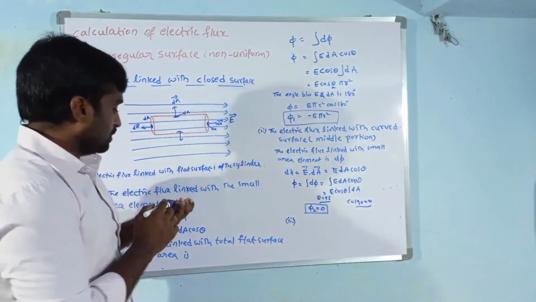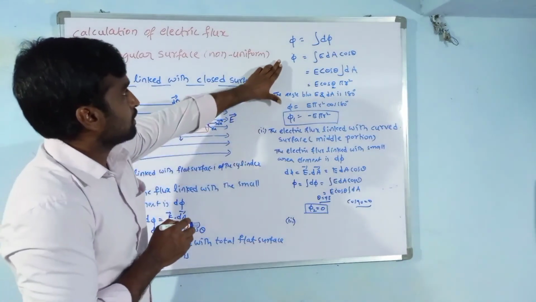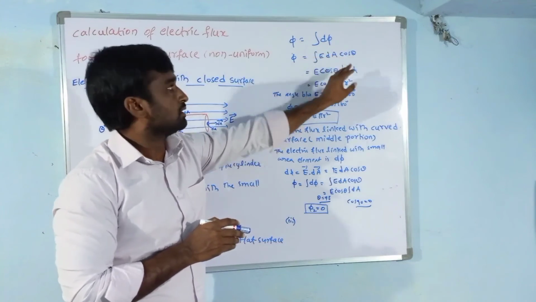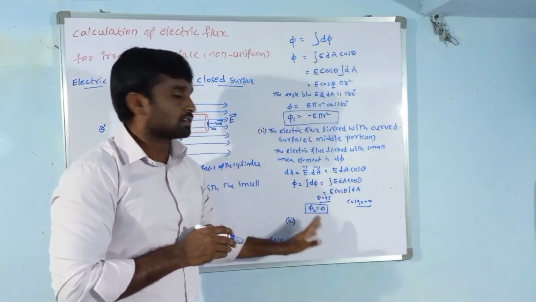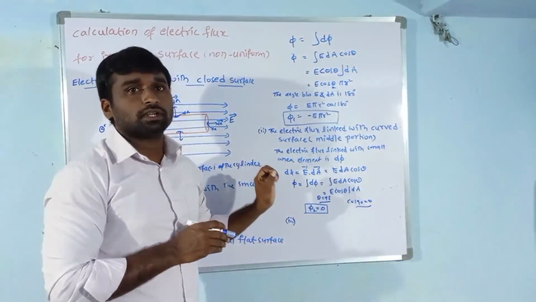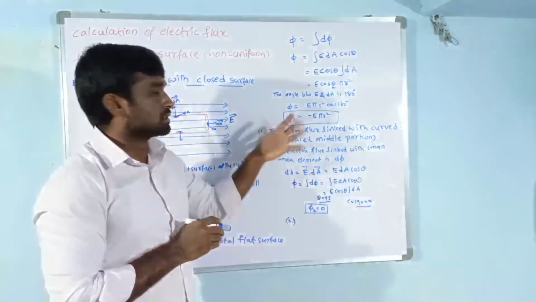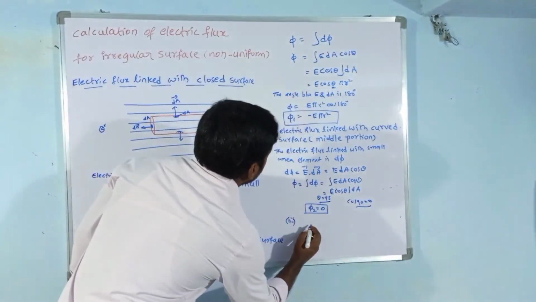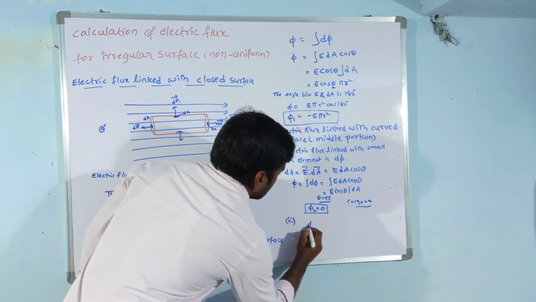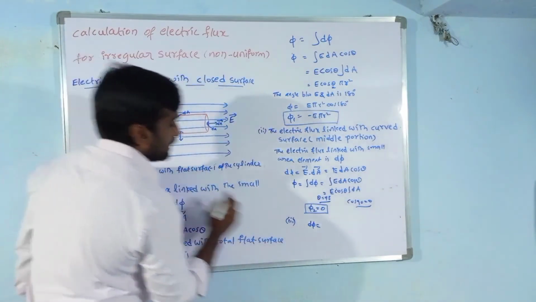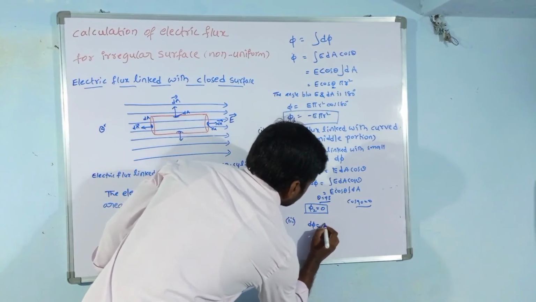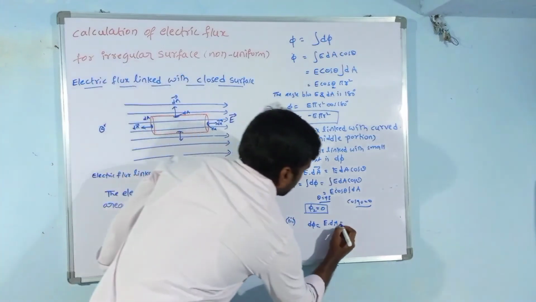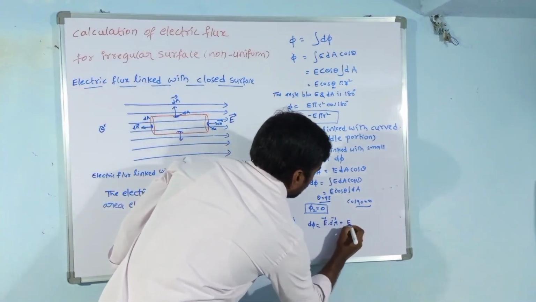Now we can use the same procedure as before, but what is the difference? For the first end, cos theta is for 180 degrees. In this case theta is 0, so cos theta is 1. Cos 0 gives 1, cos 180 gives minus 1. Similarly, the electric flux linked with this small area element is E dot dA, so we can write E dA cos theta.